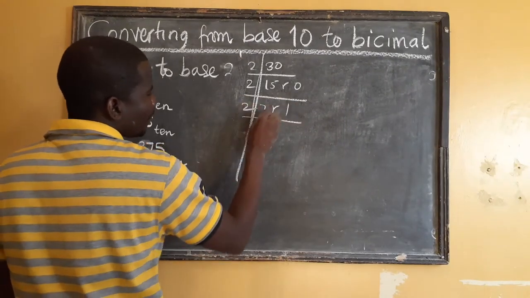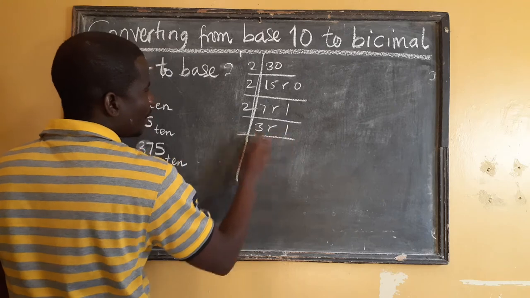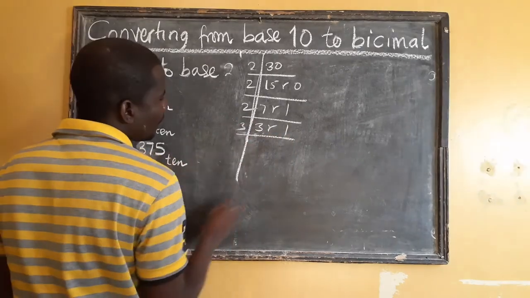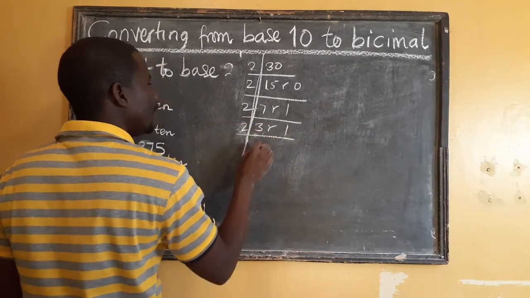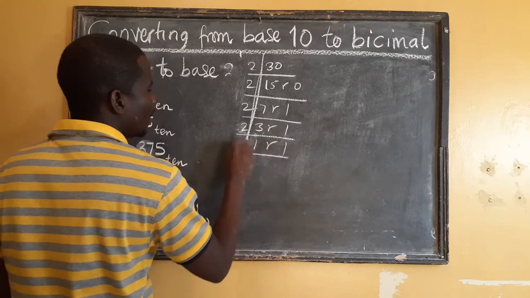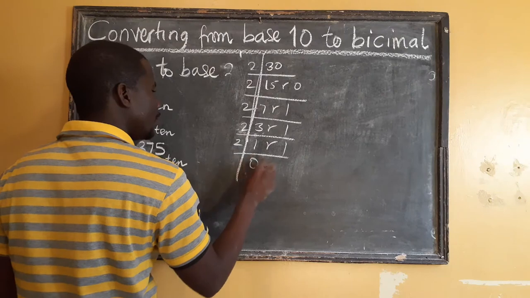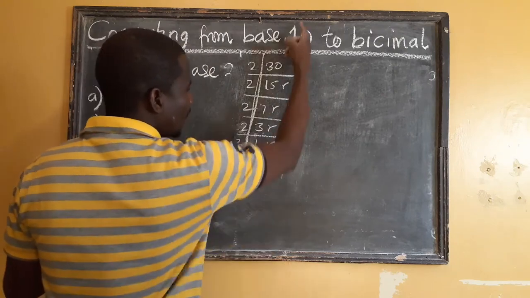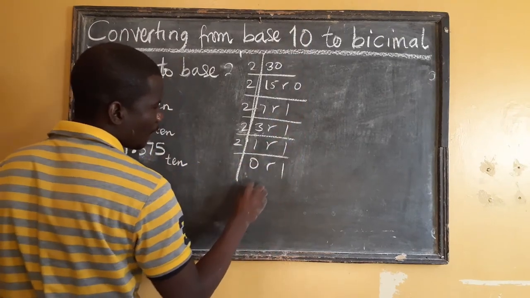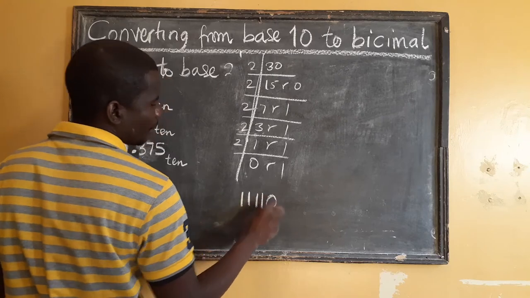Here we have 3, remainder 1. Here we have 1, remainder 1. Here we have 0, remainder 1. So we get our answer like this: 1, 1, 1, 1, 0.